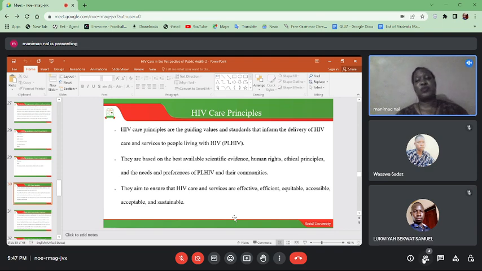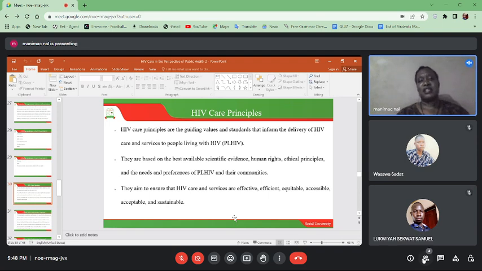Sometimes principles are looked at as standards that one has to use in delivering services. But in this case of HIV, we are looking at the guiding values and standards that inform the delivery of HIV care as well as services to people who are living with HIV and AIDS.